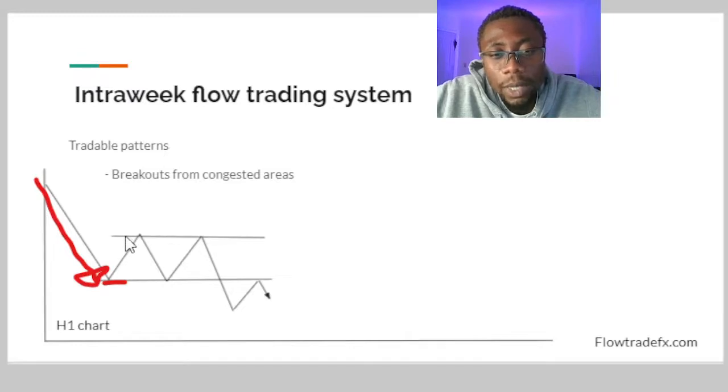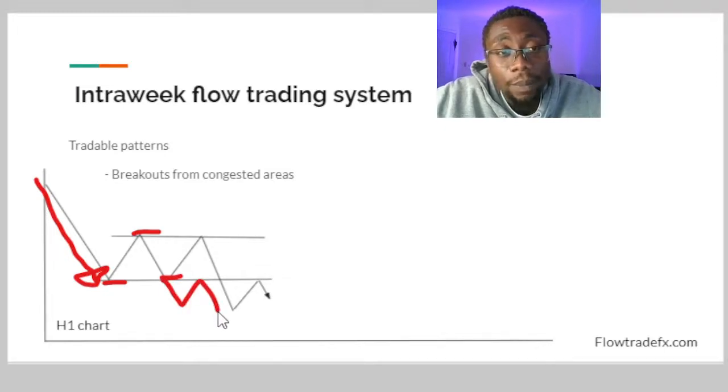Price comes up and forms a resistance level here, comes back down to retest this level, and instead of breaking out and getting a pullback continuation pattern like an intra-week trend, we actually get a bounce off this level back up to retest this previous resistance level, creating a congested area, a range for perhaps several days even.